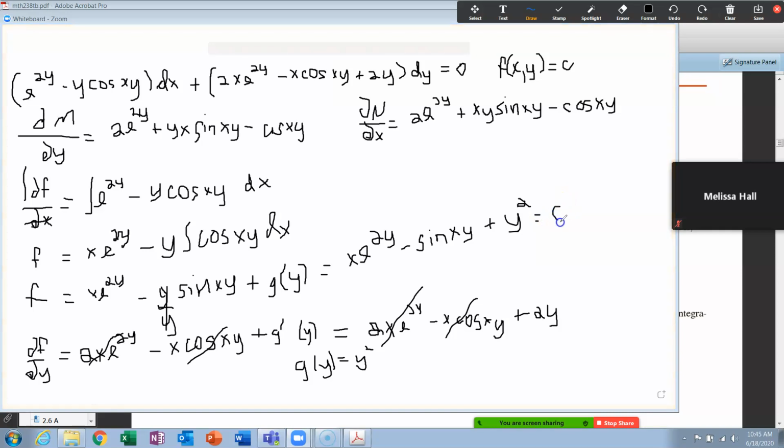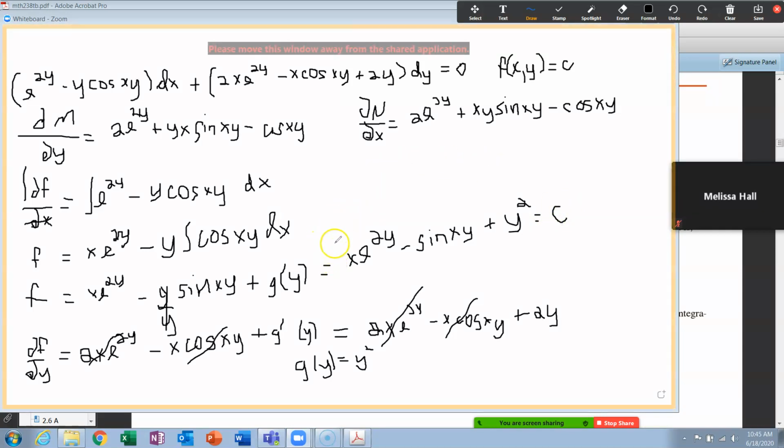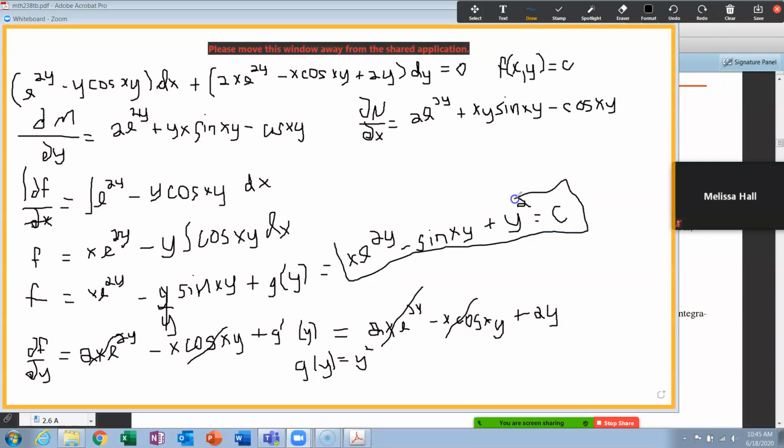Now I shouldn't have written that all in one line, but that's it. Here is your solution, right here. If I could draw a box, okay, that's your solution.